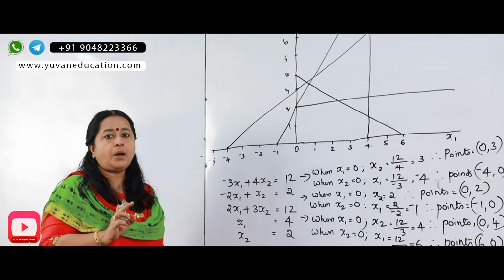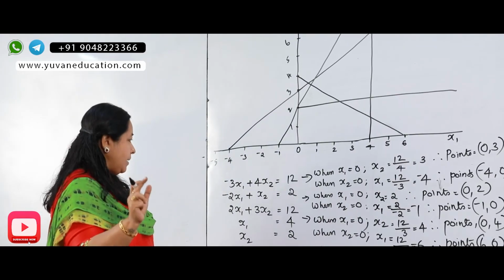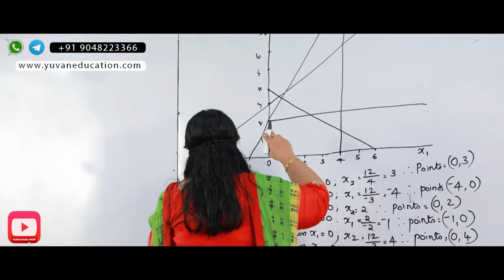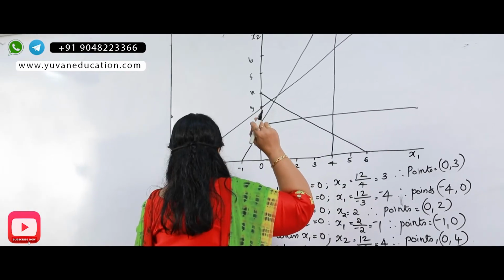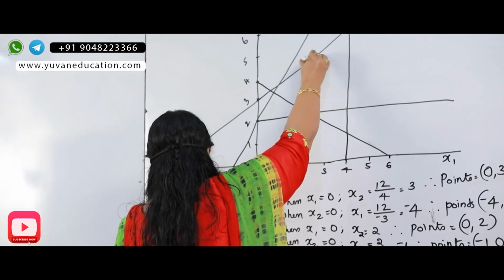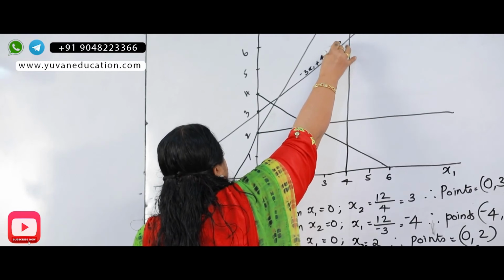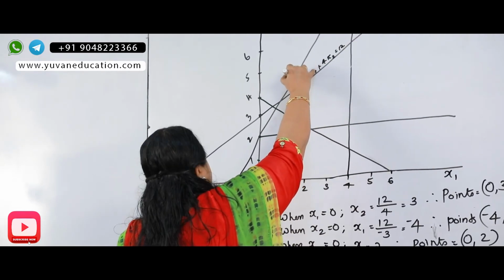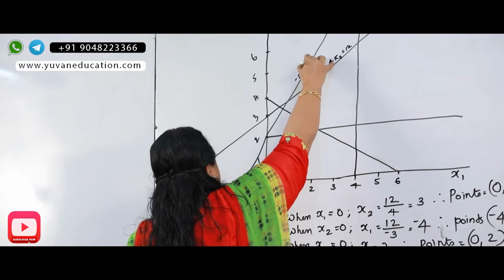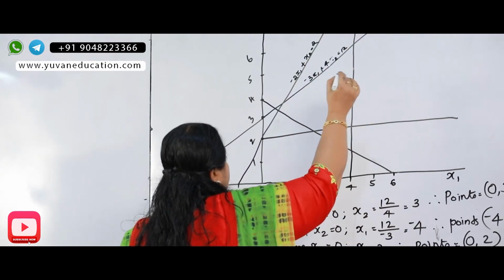Then you have to put the constraint name. Here, this one is minus 3x1 plus 4x2 is equal to 12. Then minus 2x1 plus x2 is equal to 2.